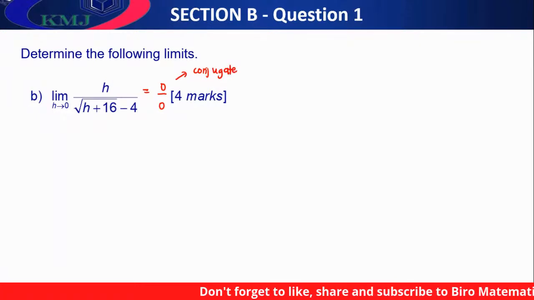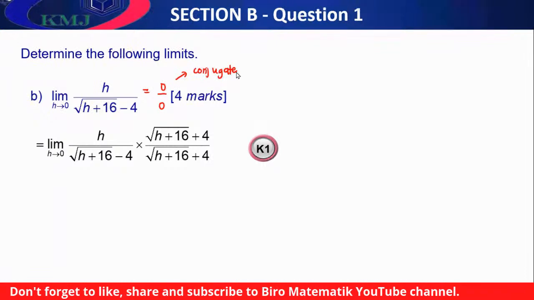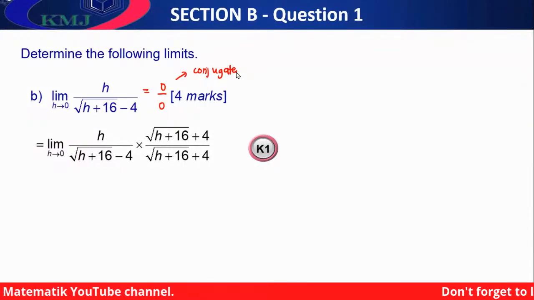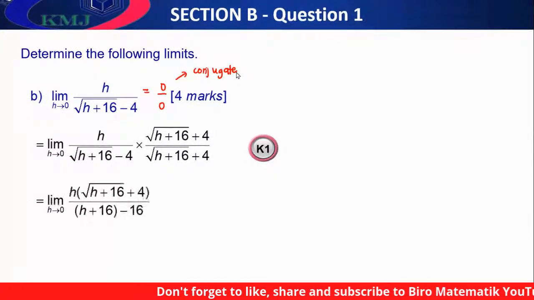Multiply by the conjugate, 1 mark. After we multiply by the conjugate, we need to expand and simplify the function. Expand the numerator and denominator.